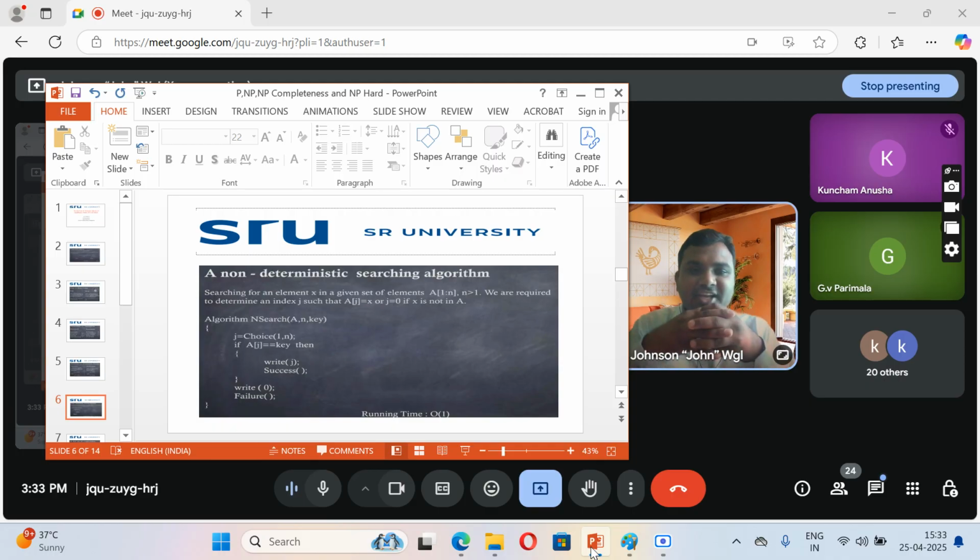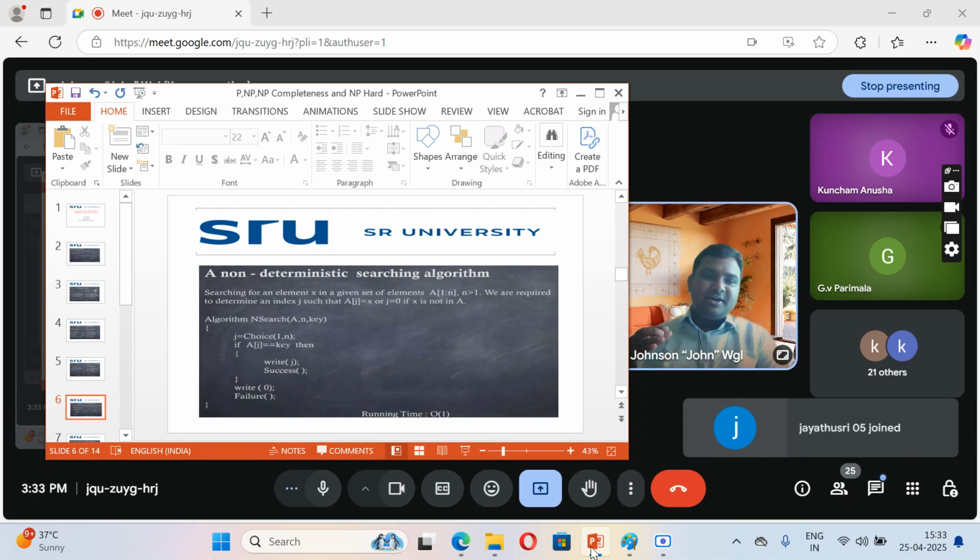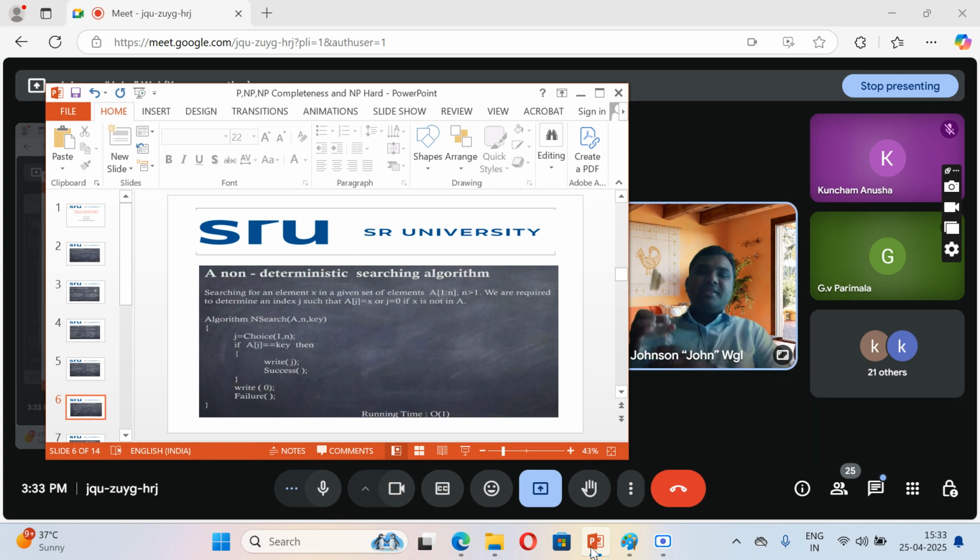Then you can see a non-deterministic searching algorithm. How many searching algorithms do you know? Maximum we know two searching algorithms: one is linear search, the second is binary search. What is the time complexity of linear search? Order of n, meaning we search sequentially 1, 2, 3, 4, 5.